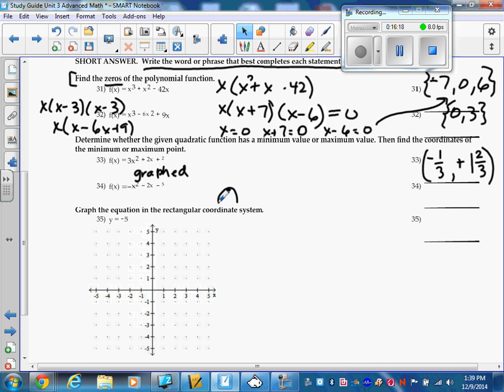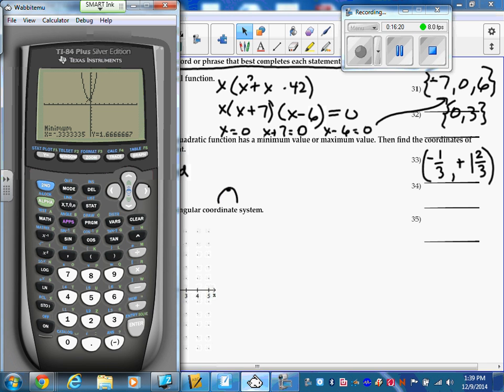Okay? So we'll put this one into the calculator, and it will say something like this. Negative x squared minus 2x minus 5. Oops. Minus 5. And we're going to graph it.